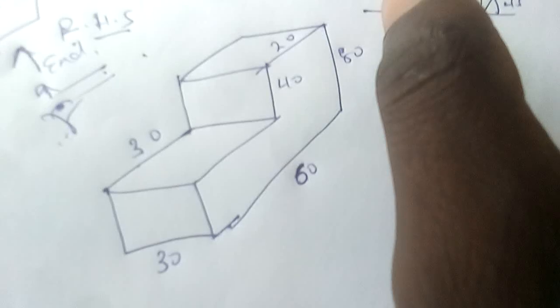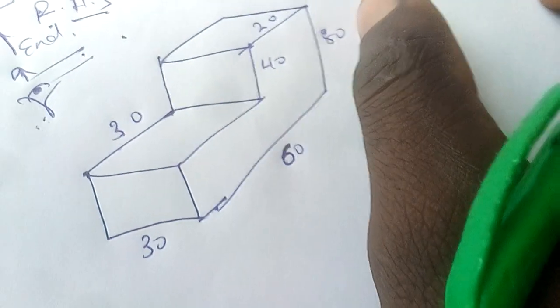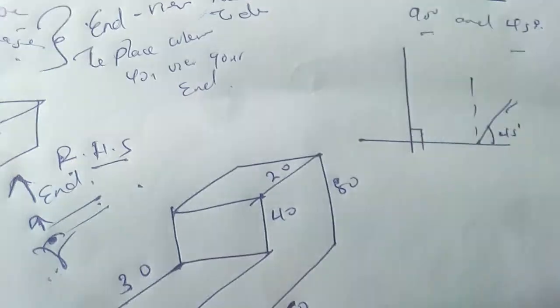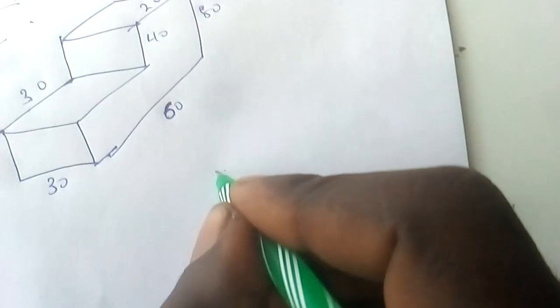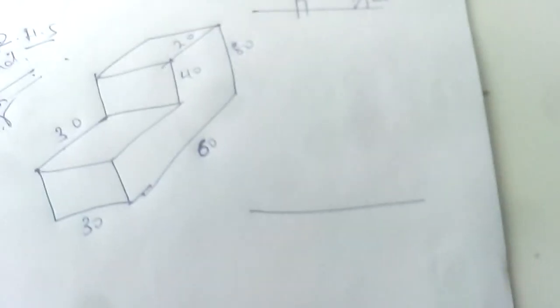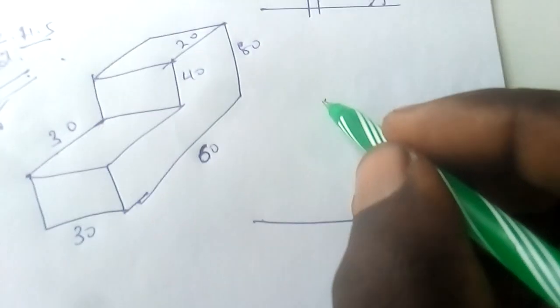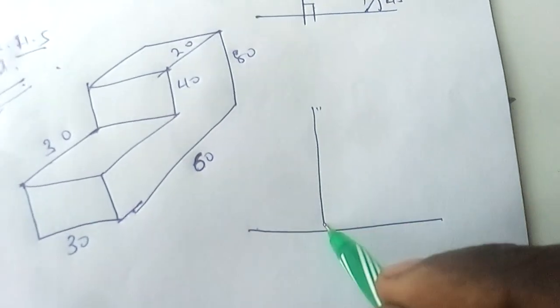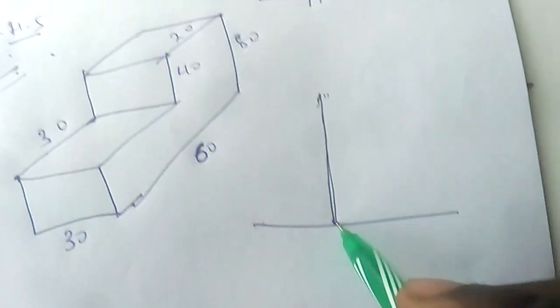So when we represent this in cabinet projection, you draw the horizontal line, then 90 degrees using 2H.